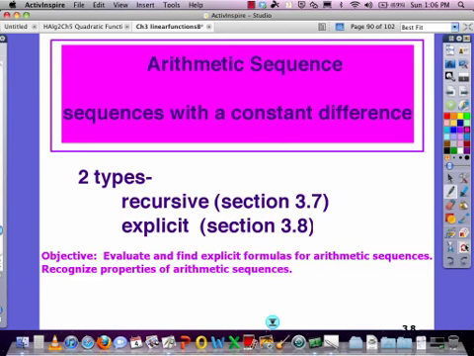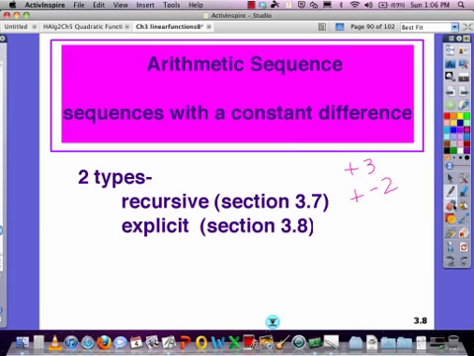Now, the only difference is that we have two different types of equations that we can write. One is recursive, which we said was the two-part problem. You had to do that repetition, that recurring process: use the last term to get to the next term, use that term to get to the term after that, and so on.